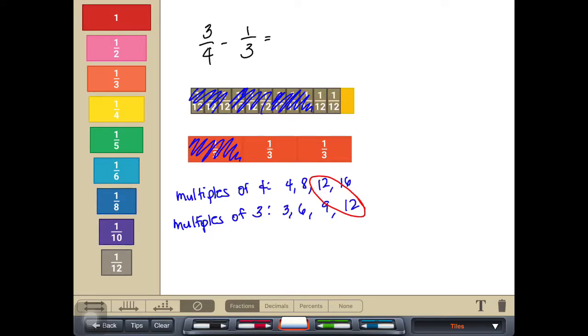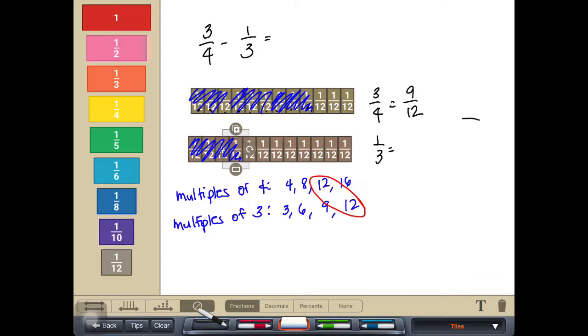Okay, so as you can see, the 3/4 has 1, 2, 3, 4, 5, 6, 7, 8, 9 12ths. Alright. And for 1/3 this time, okay, 1/3 has 1, 2, 3, 4, 4 12ths. So that would now be 1/3 is equal to 4 12ths.